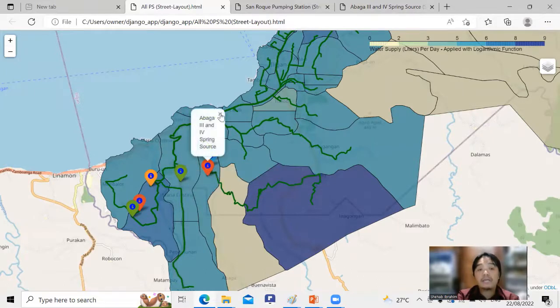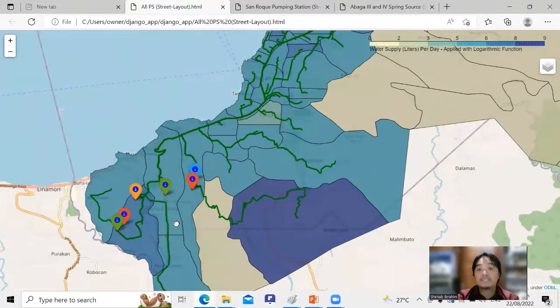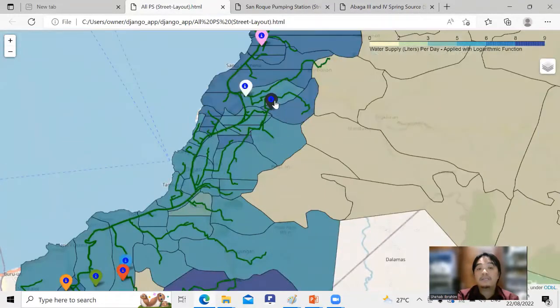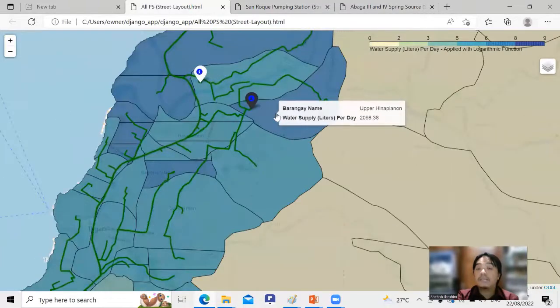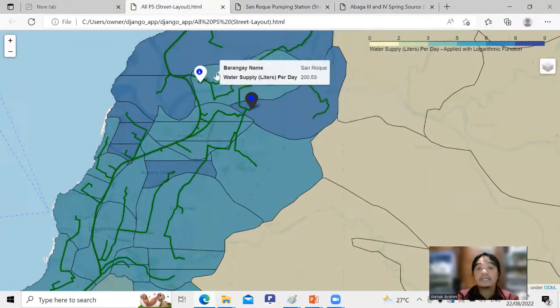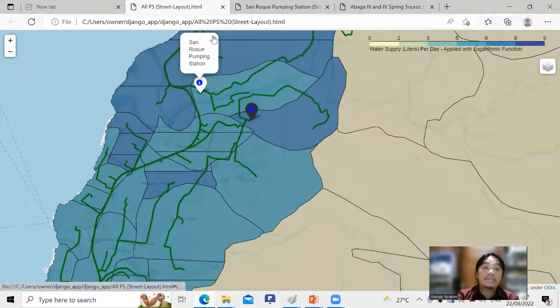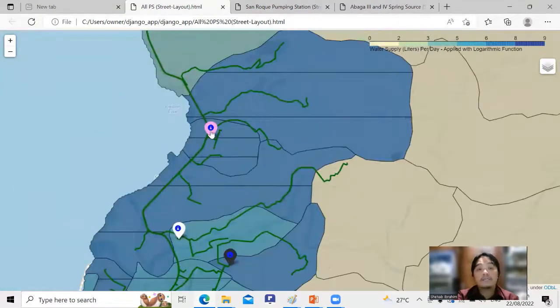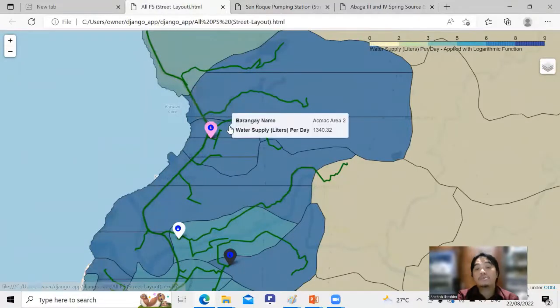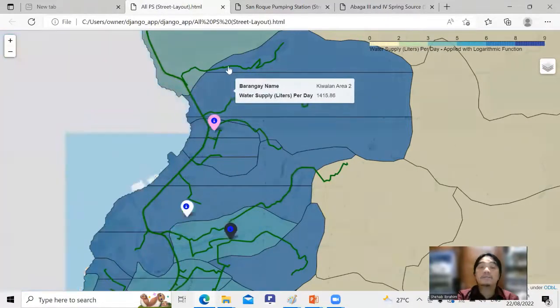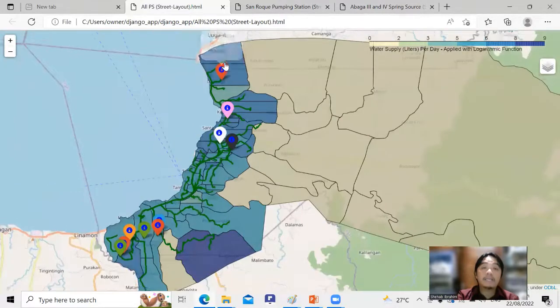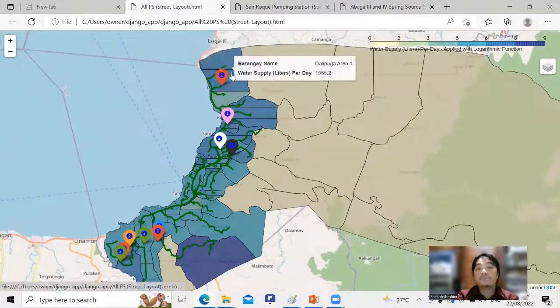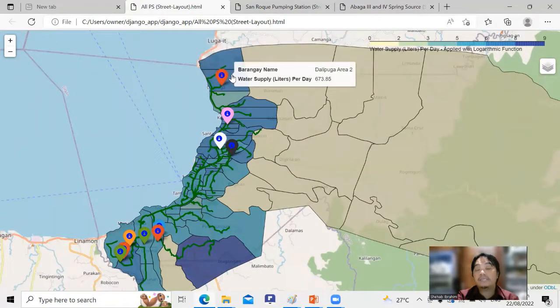The Abaga 3 and 4 and Abaga 2 spring sources are located in Suarez. The Hinaplanon pumping station is located in the Upper Hinaplanon barangay. The San Roque, of course, is located in San Roque. The Matuog is located in the Akmak barangay, and Anahawon is located in Dalipuga.